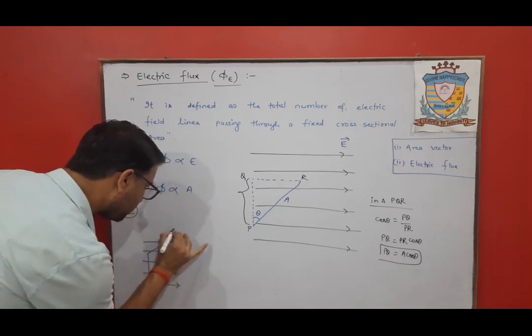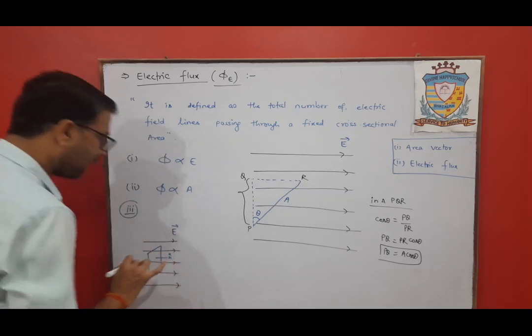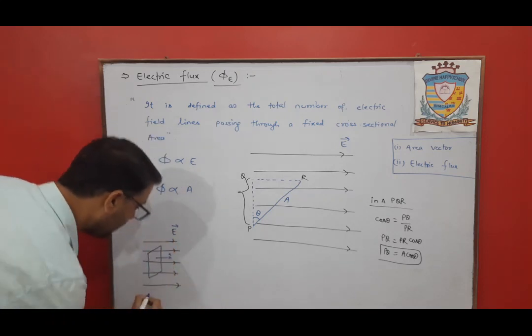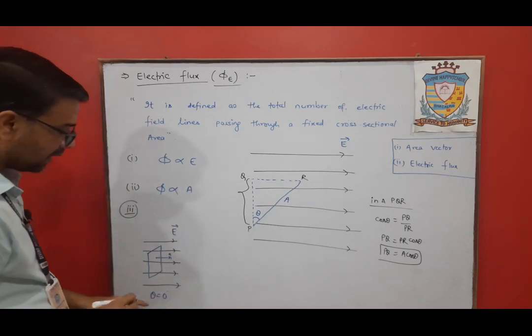So this is the direction of electric field and this is the direction of area vector. If these two are aligned here, the angle is 0 degree.